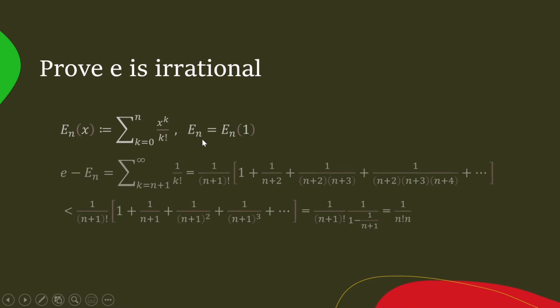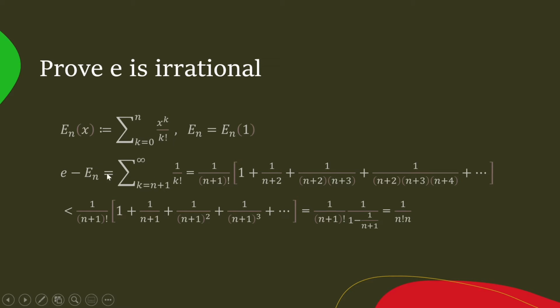Okay, so what we do then is look at the difference between the approximation of e and e itself. So e itself is the infinite sum, and e sub n is the partial sum. Looking at that difference, the infinite tail is what's remaining.